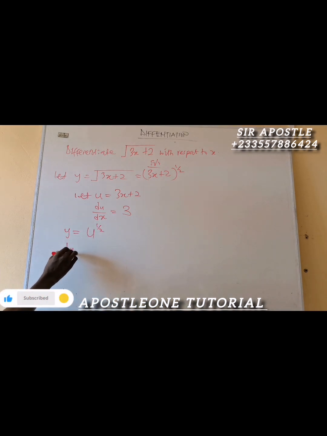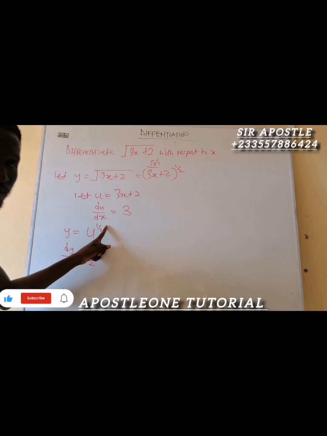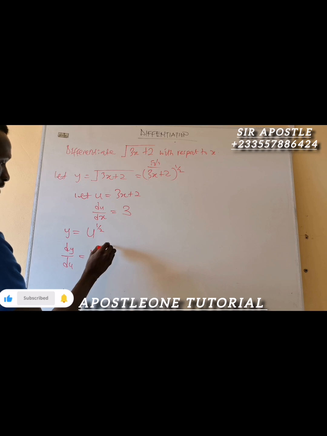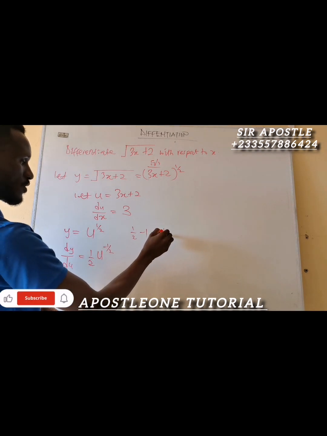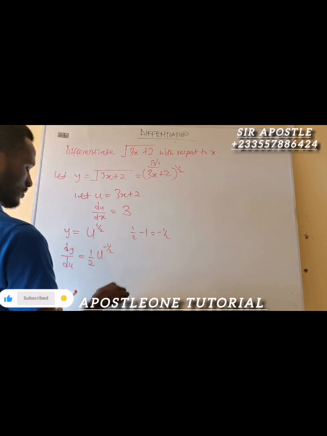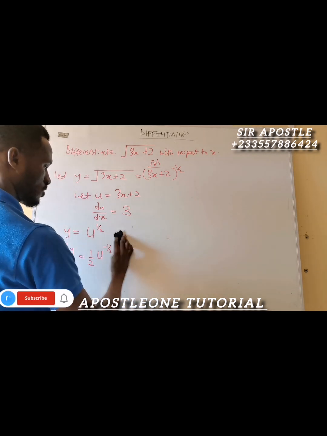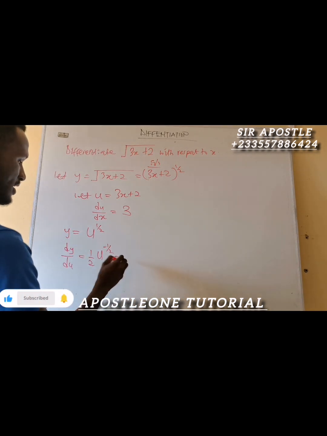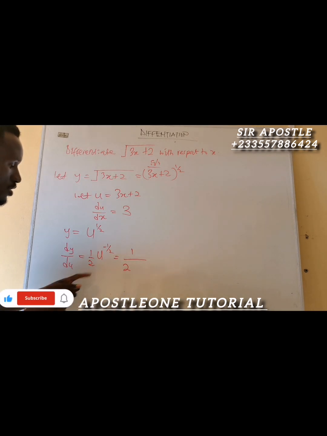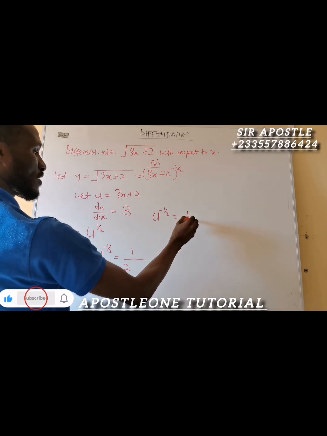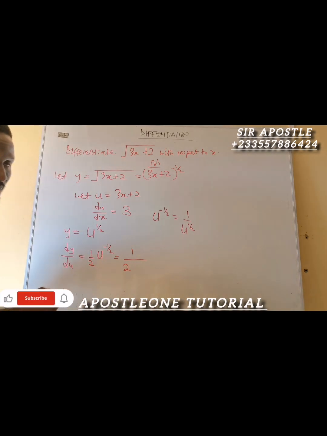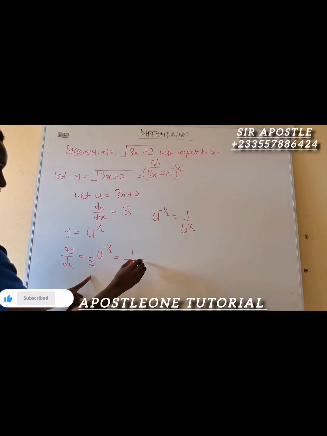Now we differentiate y with respect to u. Multiply by the exponent, we're going to get 1 out of 2 u, and reduce the exponent by 1. It's the exponent minus 1, so we're going to get negative 1 out of 2. Don't forget that applying the inverse, negative 1 out of 2 is the same as 1 over u exponent 1 out of 2.